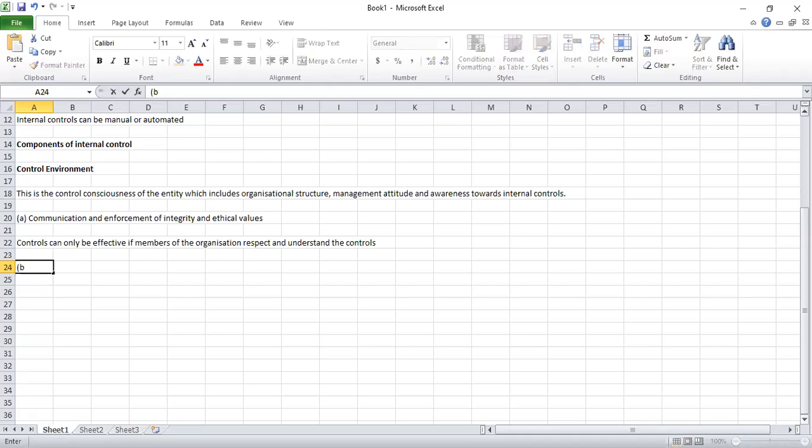Then related to that, there should be commitment to competence. What is the attitude of management towards ensuring that everything is done according to the expected standard?